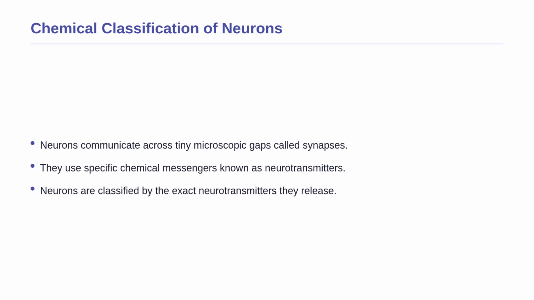Because different neurons produce and release different types of neurotransmitters, scientists can classify them based on this chemical signature. By grouping neurons into these distinct, well-defined chemical classes, neuroscientists can accurately map out the incredibly complex wiring diagrams of the entire nervous system, understanding exactly which chemical signals are driving our thoughts and behaviors.